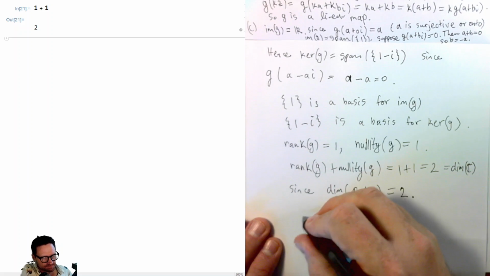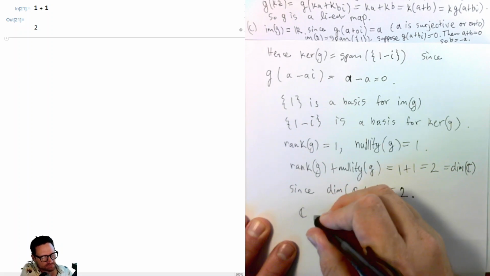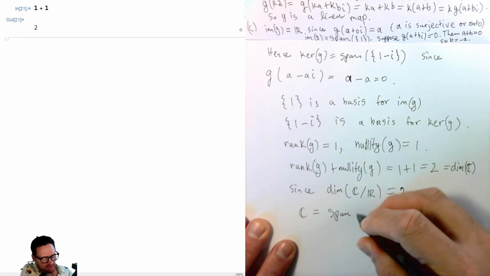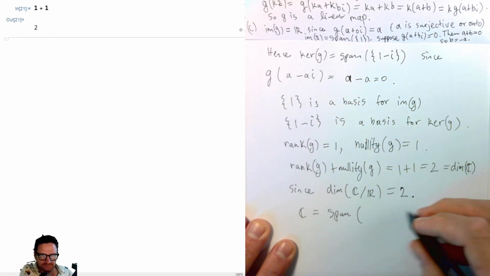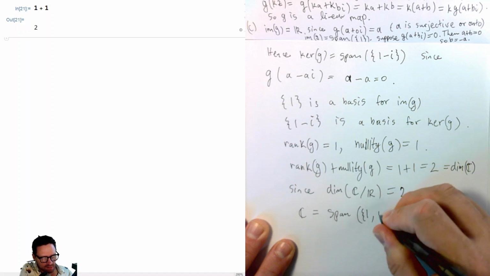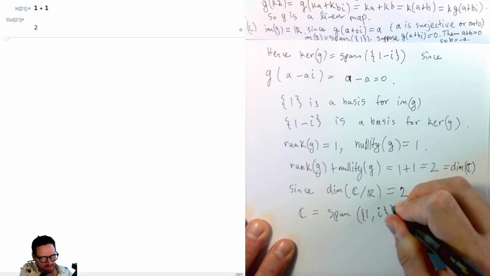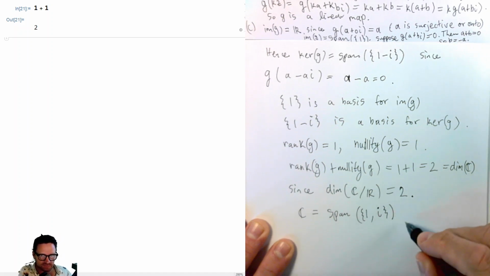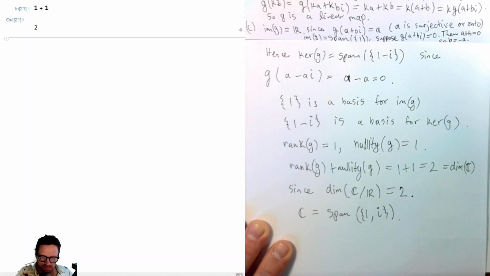Okay, because C is equal to the span of one comma I, and this is two-dimensional over the real numbers. We have two of these vectors there. All right.